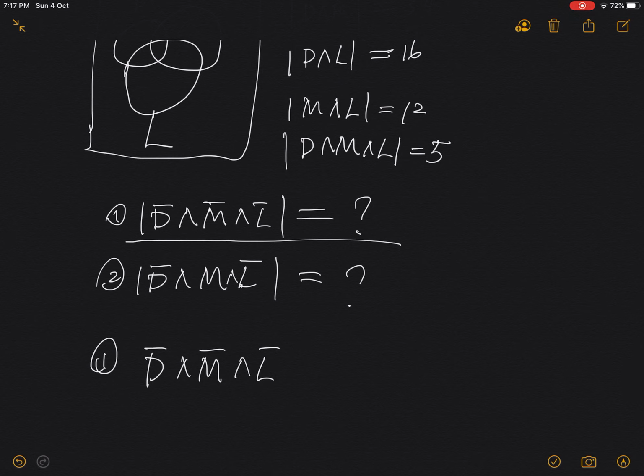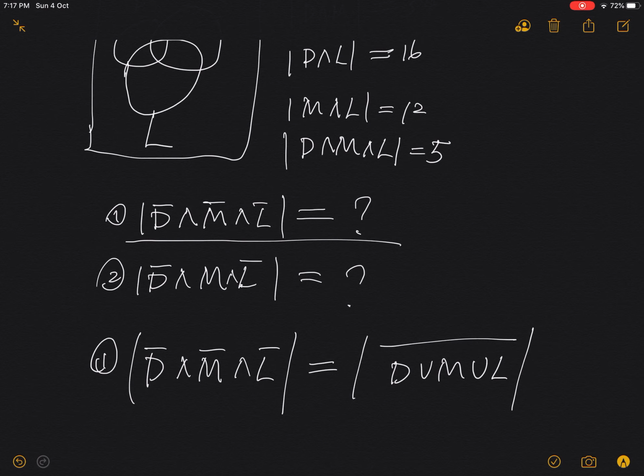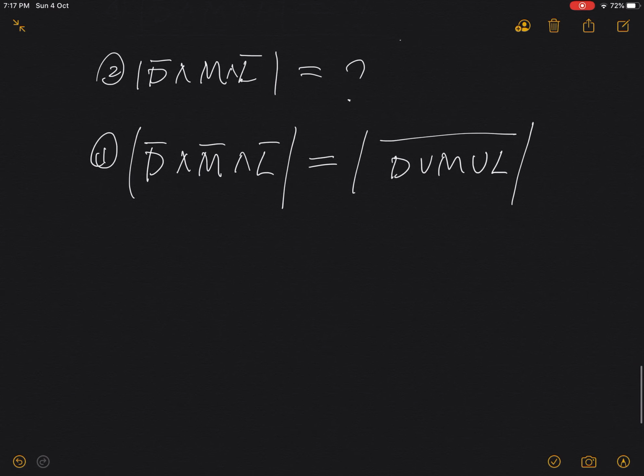So this would become the negation or the complement of D or M or L. So this problem becomes calculating the universe minus D or M or L.